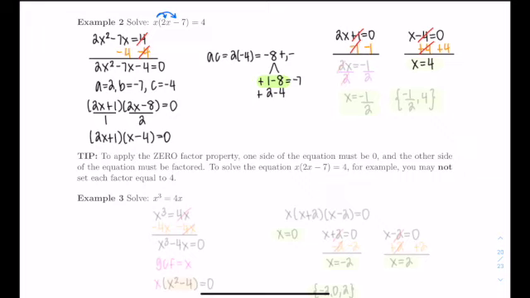We get 2x equals -1. And then dividing both sides by 2, we get x equals -1/2.